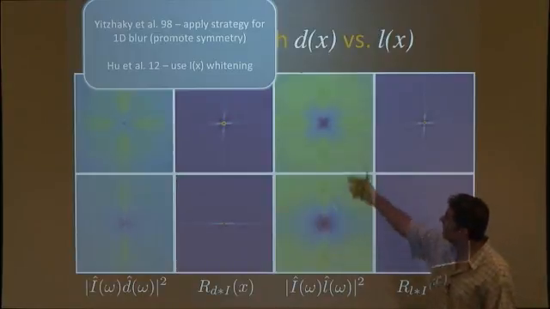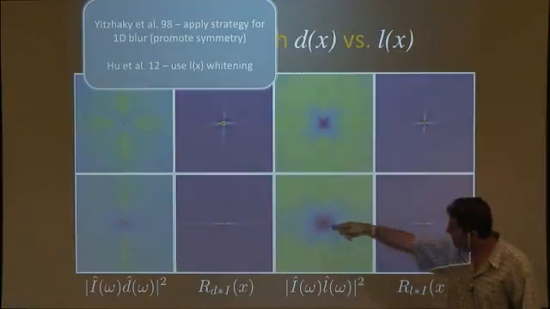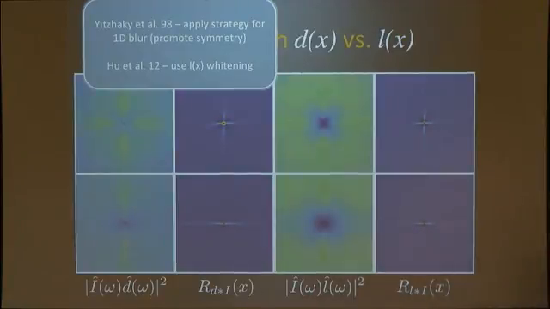Both these images seem to decrease as we go to the origin. So there was a work by Hu et al. that actually whitened the spectrum of the image using the Laplacian rather than the square root of the Laplacian, and they had very severe biases in the recovery of the blur kernel.